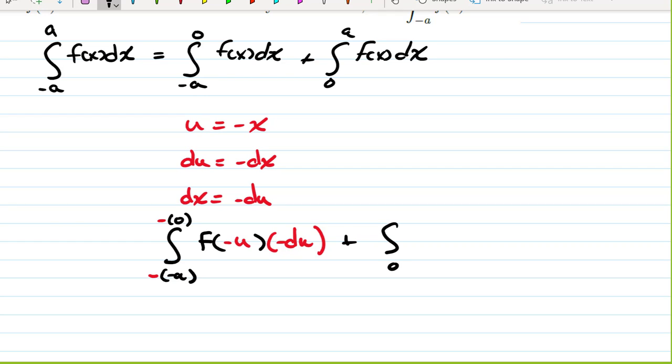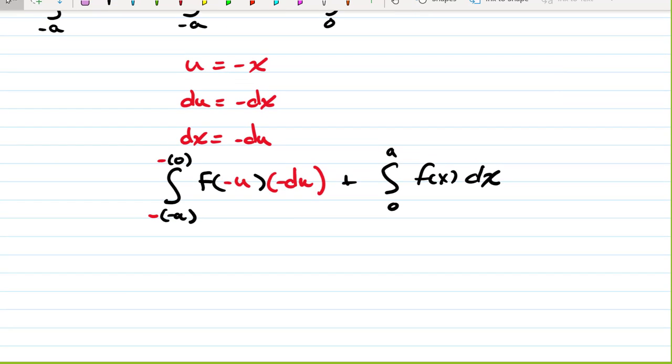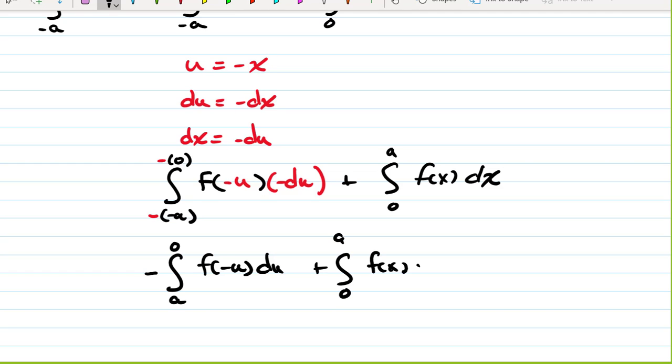Plus, I'll leave this one alone, the integral from 0 to a of f of x dx. So now, simplifying a bit, minus minus a makes it a and 0. I have a minus sign I can pull all the way out in front. And then I have f of negative u du plus the integral from 0 to a of f of x dx.